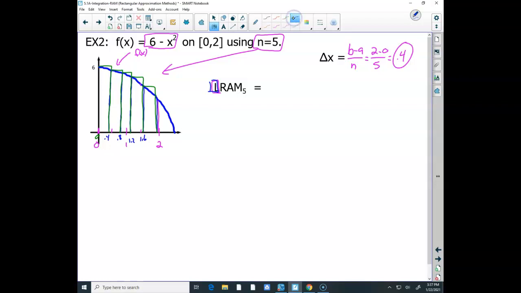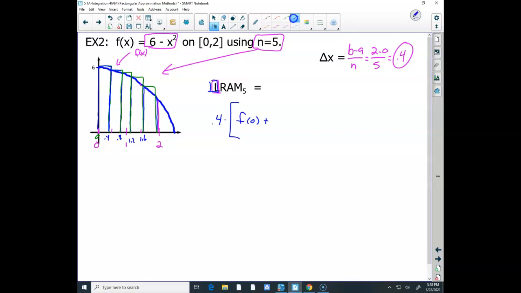Well, how do I do that? Well, bottom line, I'm taking the width of my rectangle times the sum of my heights. Well, how tall is this first rectangle right there? Well, the height is dictated off of f of 0 plus, what's the height of my second rectangle?